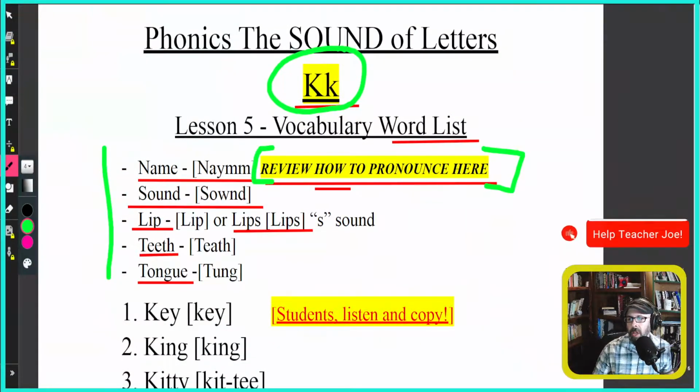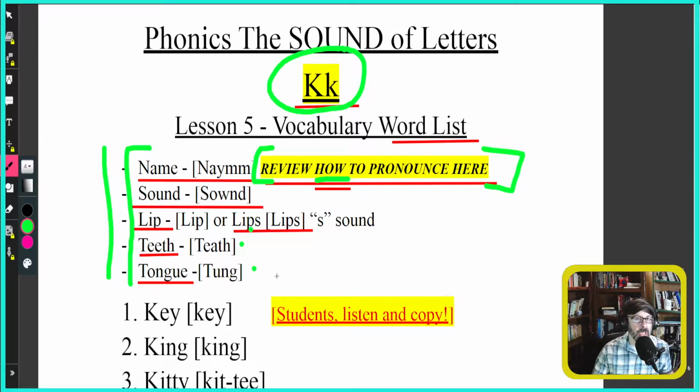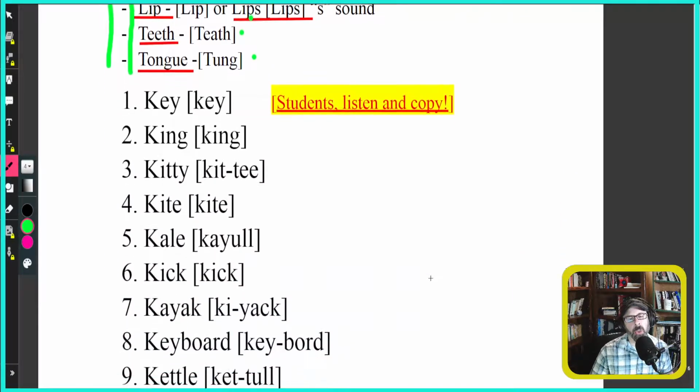Let's go back to the sheet. So we're reviewing this portion here and how to correctly make the sound with your lips, with your teeth, and with your tongue. Okay. Let's go to the word list. Let's look at the words.